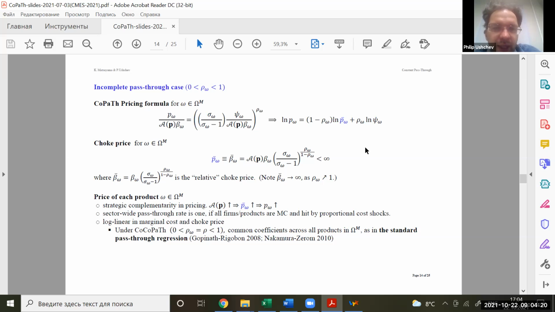Okay, so for the case of incomplete pass-through, what do we have here? We can restate the pricing formula as follows.